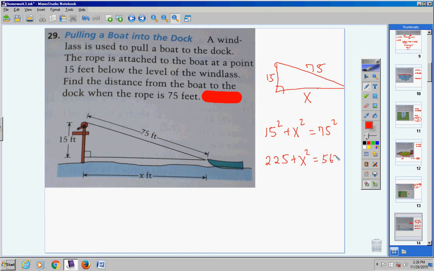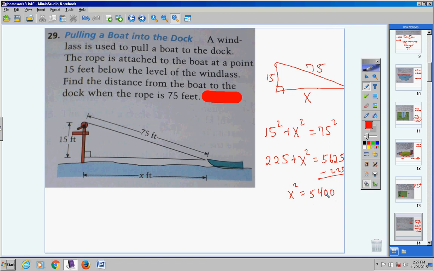5,625. Now we have a quadratic equation in which we do not have an x term or a b term. Because of that, we can definitely use the square root method. So let's bring the 225 over and make it a negative 225. That's going to give us 5,400.